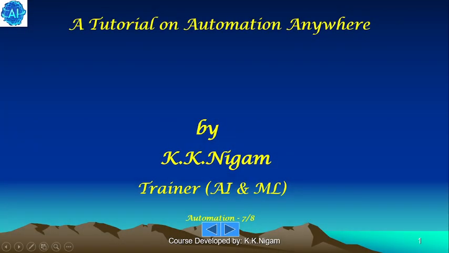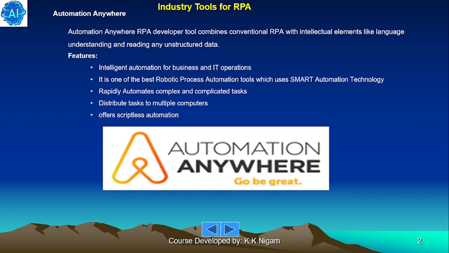Okay, so let's start with the next module, that is the seventh module, and in this we are again going to discuss further about Automation Anywhere. Automation Anywhere, as we discussed already, is an RPA. You can use the RPA developer tool, which combines conventional RPA with intellectual elements like language understanding and reading any unstructured data.